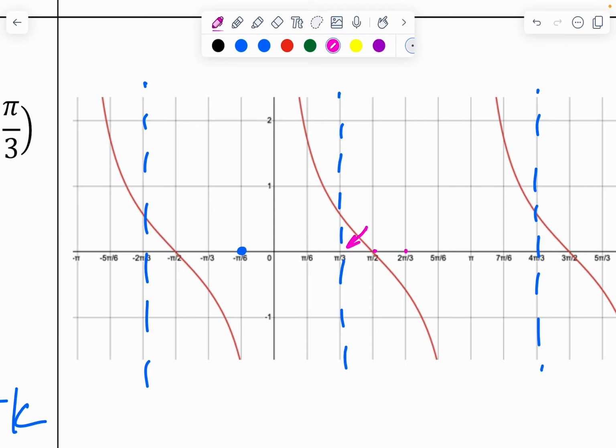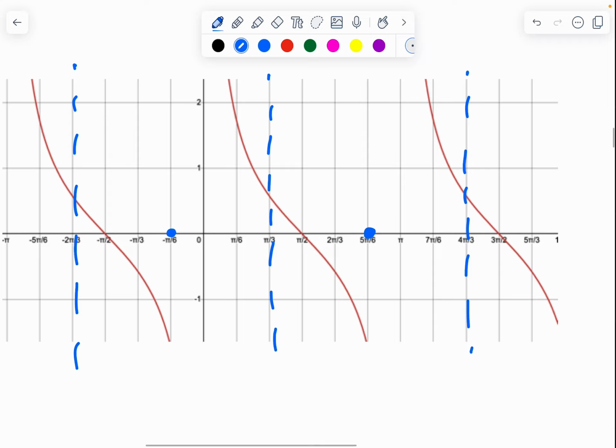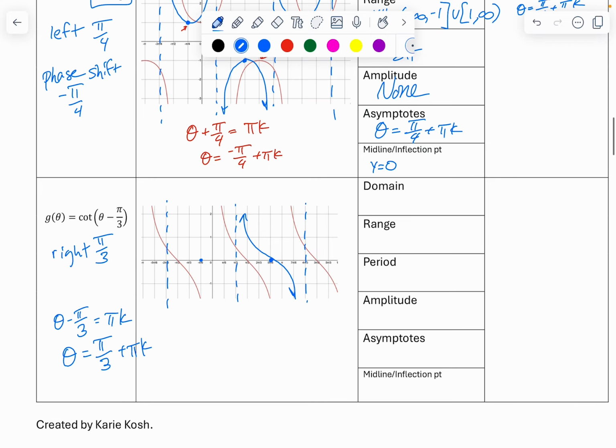The 0 is going to be halfway between these two asymptotes, so it's 1, 2, 3, 4, 5, 6, so I have to go 3 units away, which is 2 units away from here. Anyway, my brain mixed up the two, so I apologize. Go away, there's all the pink, it's gone. Okay, so this is where that point should be, and my graph is still doing something like this, and here's the other one doing the same.